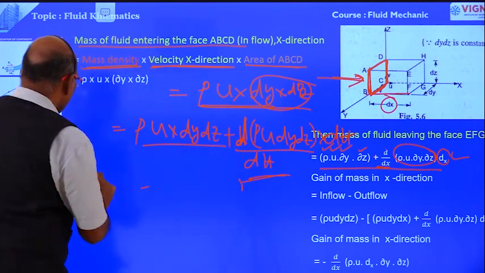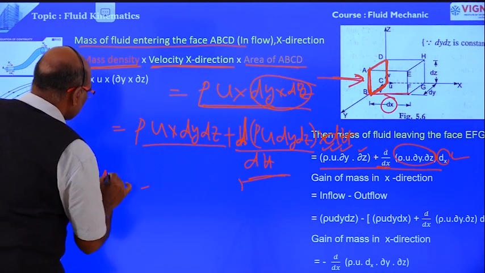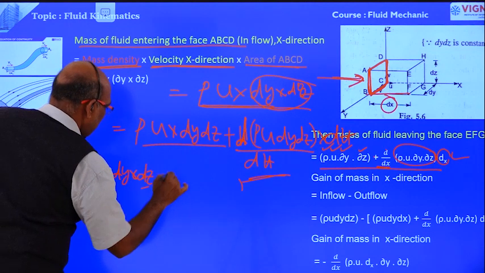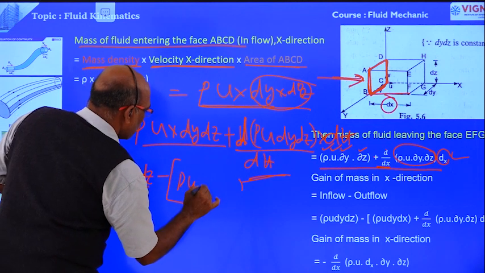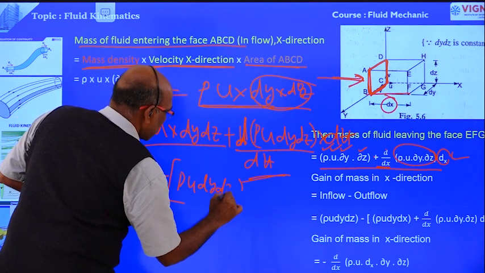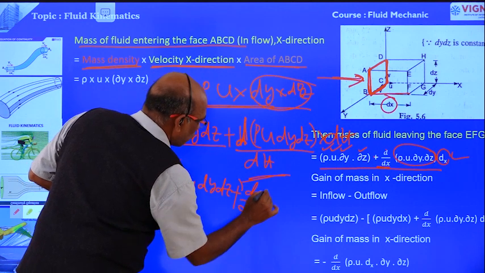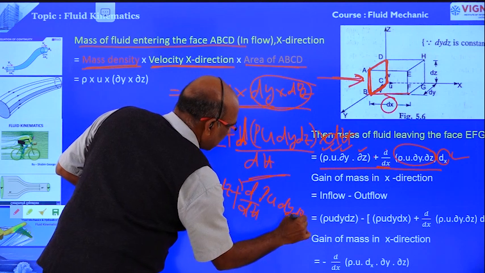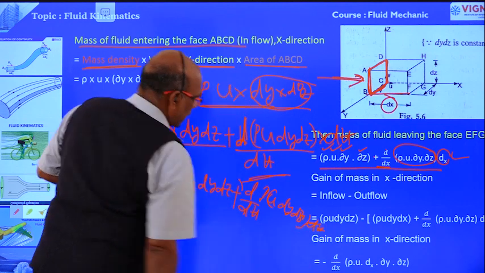Right, what is the mass of fluid entering in the x direction? Rho u delta y into delta z, minus, what is the leaving? Rho u dy dz plus d by dx of rho u dy dz into dx, right?